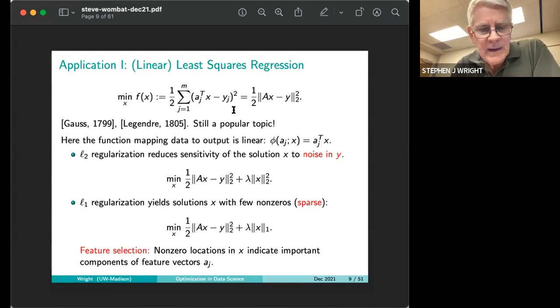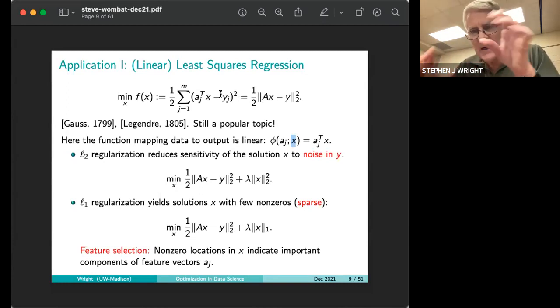And to put it in the language that I've talked about, this function phi, this parameter vector x, you can write linear least squares in that form. You can say that the rows of the matrix A are the feature vectors AJ. The right-hand side Y consists of the outcomes YJ, and you're looking for linear combinations of the elements in each row that predict the YJ.